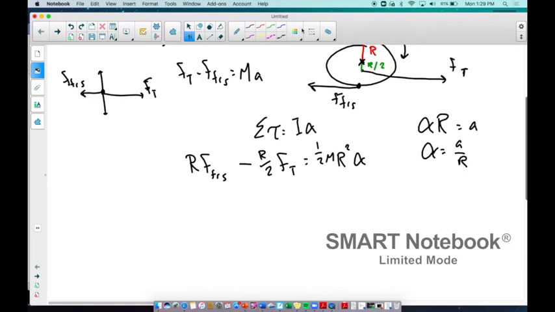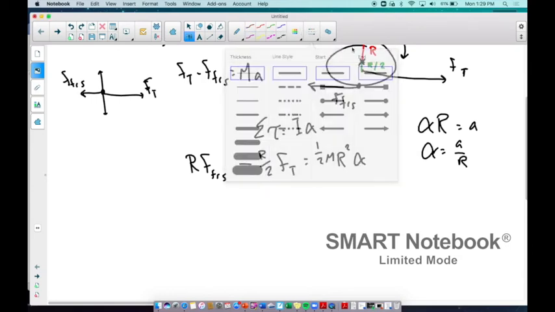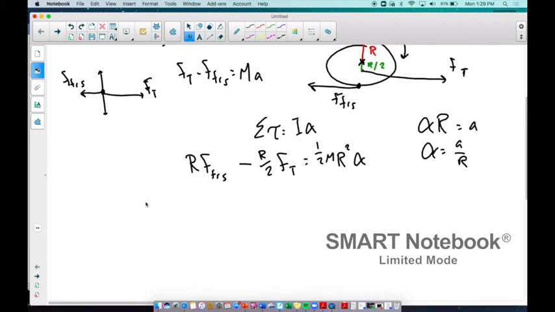In fact, why don't we go ahead and see here what happens when we plug in A over R for alpha. We get R, force of static friction, minus R over 2, force of tension, is going to equal 1/2 m. I'm going to get R squared over R, which just leaves an RA. You can see algebraically that all these R's will cancel out.